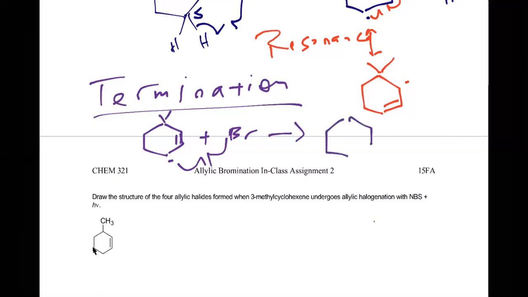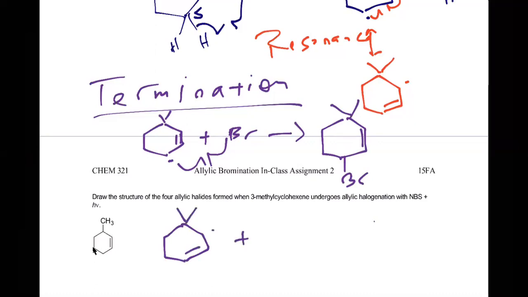So I want to, come on, 6-member ring. So I want to do this, right? Boom. That's one of my products. Is that right? Yes. And then the other one's going to come from that other radical that I made through resonance, which was here.